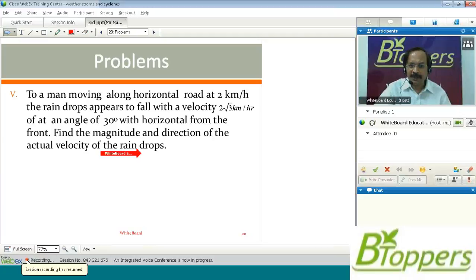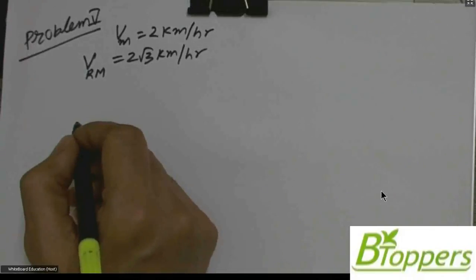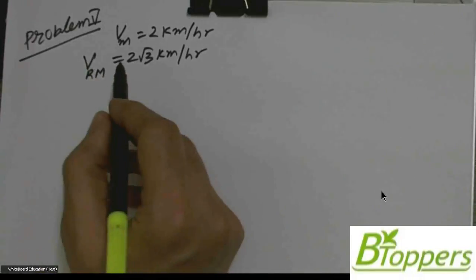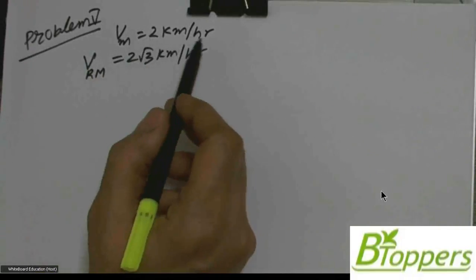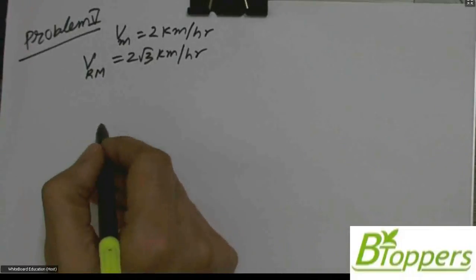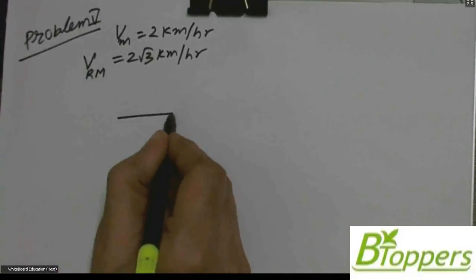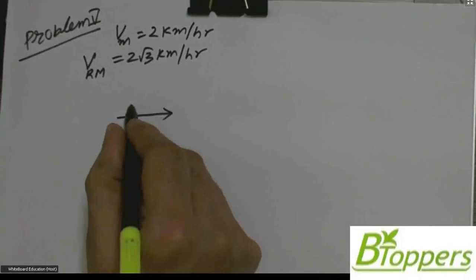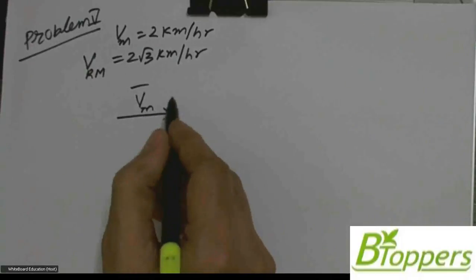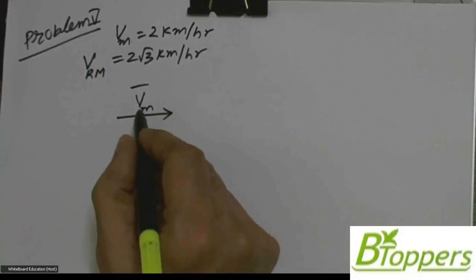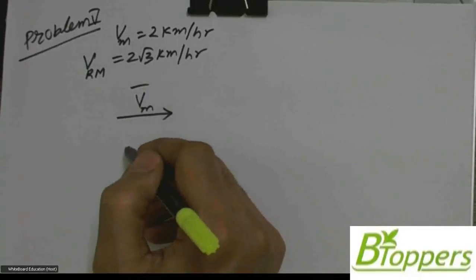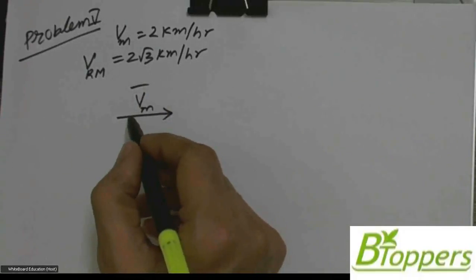Look at the solution of the problem. Now, in problem 5, you are given that velocity of the man is 2 km per hour in the horizontal direction. So this is the direction of the velocity of the man, and in vector form it is denoted by V_M bar. The figure I am drawing is in the vertical plane.